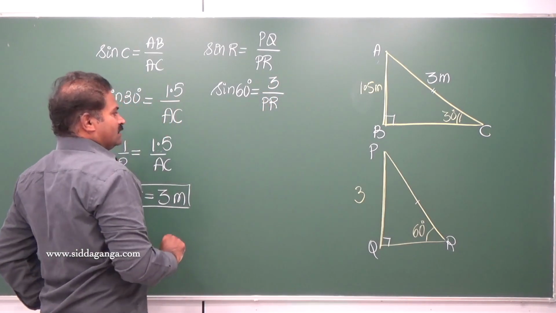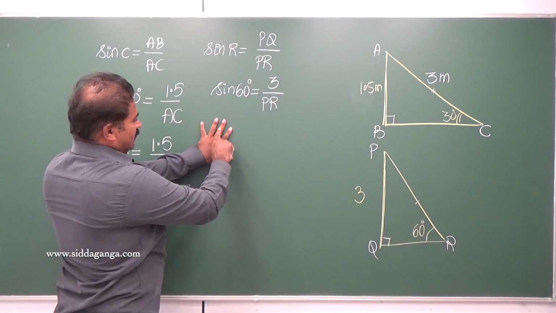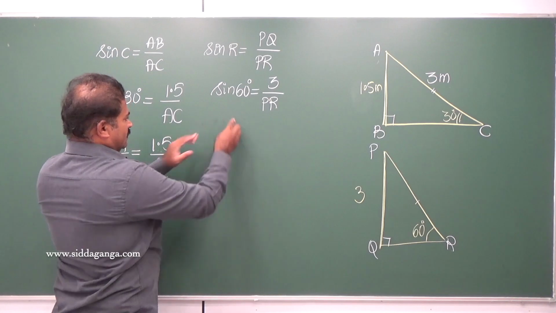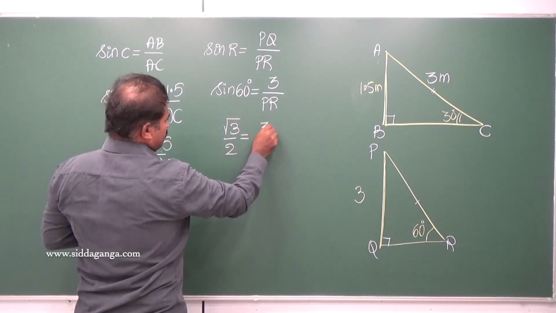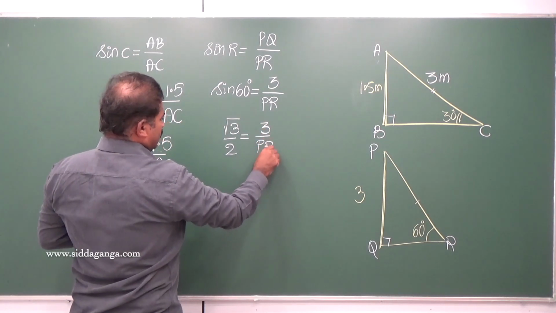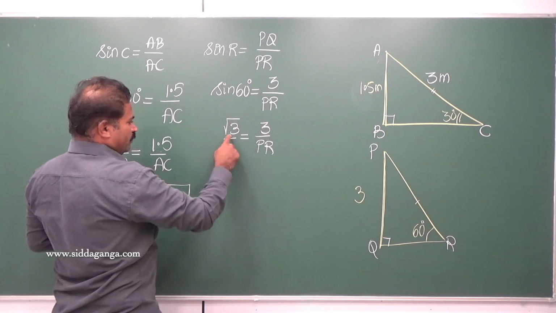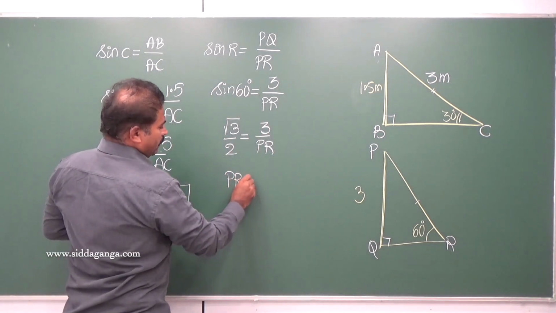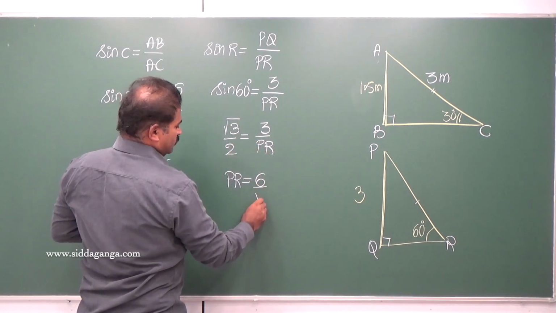Now what is sin 60? Sin 60 is, 0, 30, 45, 60, on the right side you have 3 fingers. This is root 3 by 2, which is equal to 3 by PR. So you can shift PR here, root 3 here, and 2 here. So PR is equal to 2 into 3 is 6, divided by root 3.